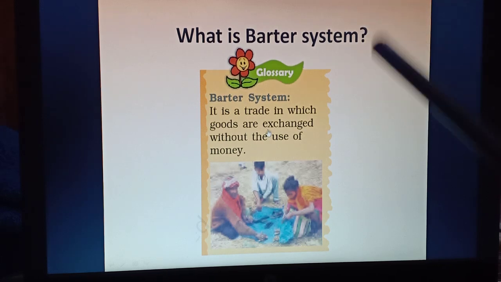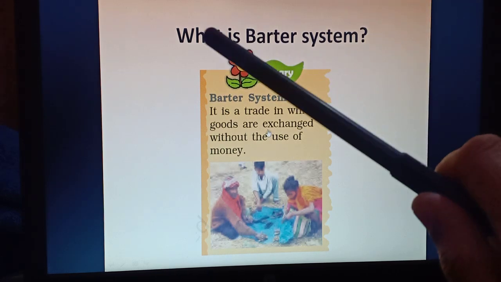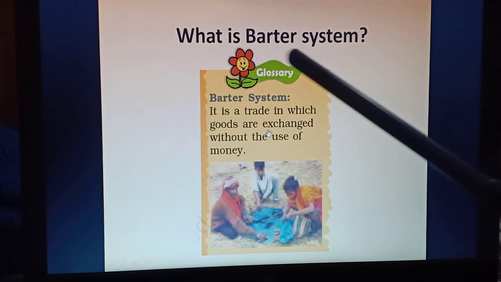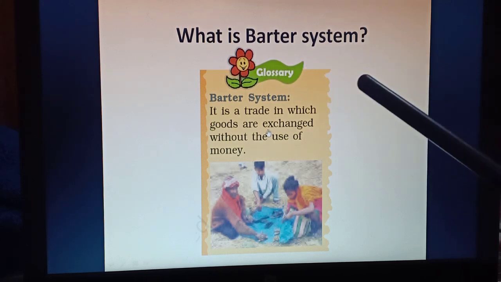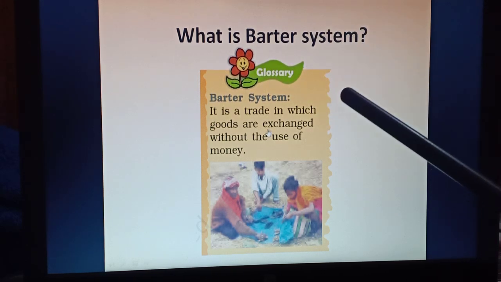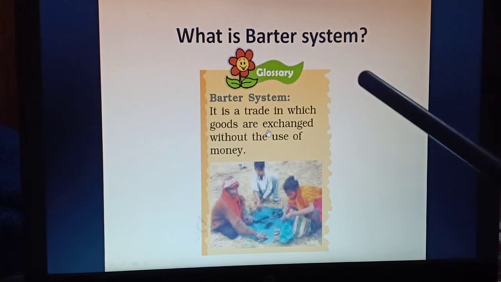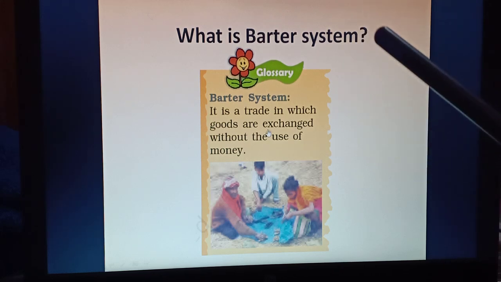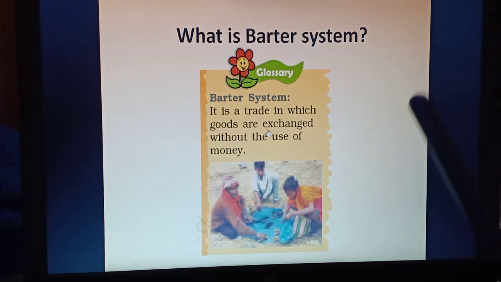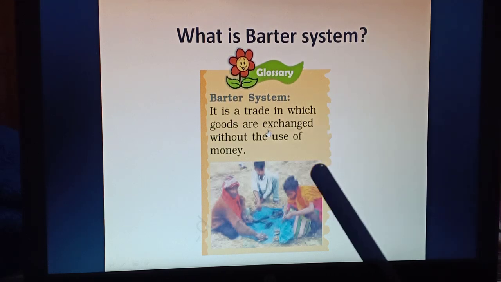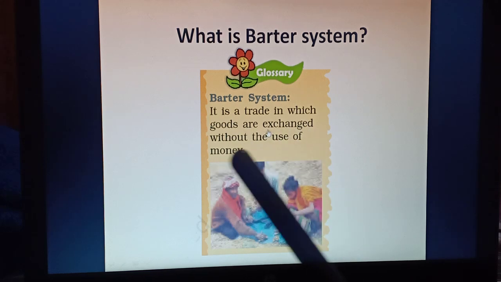In easy language we can say it is a trade in which goods are exchanged without the use of money. I am going to now explain in Hindi so you can understand more about it. यह वस्तुओं की अदला बदली का व्यापार है जिसमें धन का प्रयोग नहीं होता है. It is a trade in which goods are exchanged without the use of money.